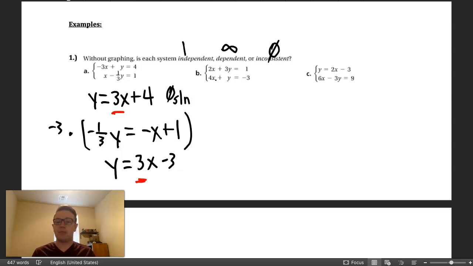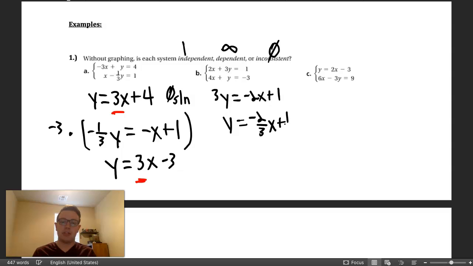What about for problem 2 here, problem B? Is this independent, dependent, or inconsistent? For problem 2, let's get these into y equals form. We get 3y is equal to minus 2x plus 1, or y is equal to minus 2/3 x plus 1/3.